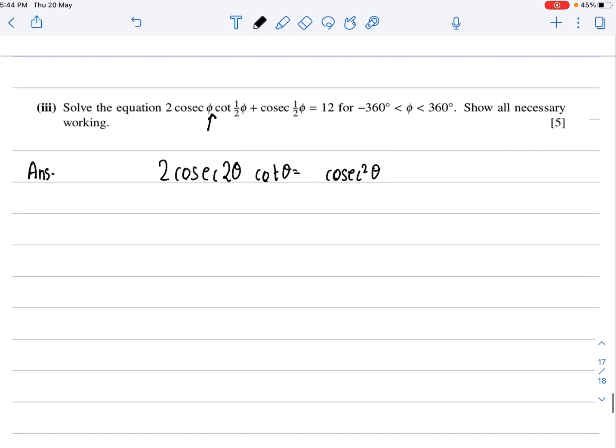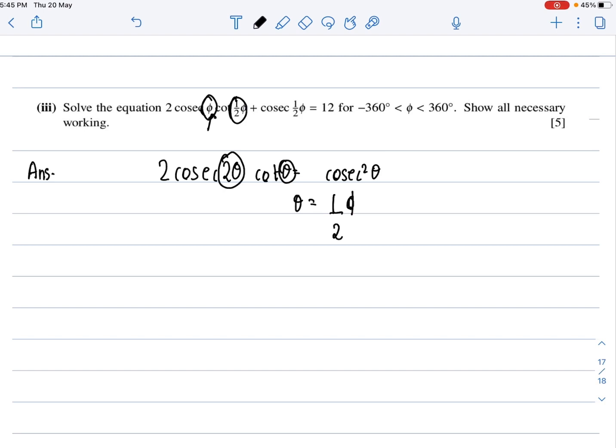So now if you see in part 1, we established that 2 cosec 2 theta cot theta equals cosec square theta. Okay, so now if you see here, instead of 2 theta, they have taken a phi, and instead of a theta, they have taken a half phi. That means theta represents half phi, I can say.